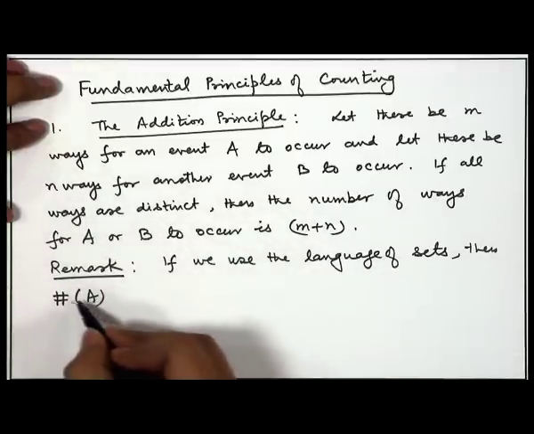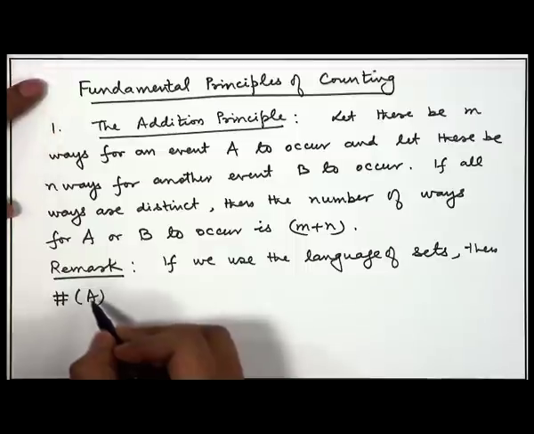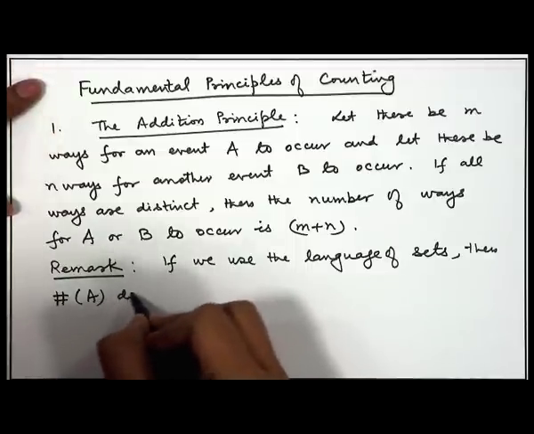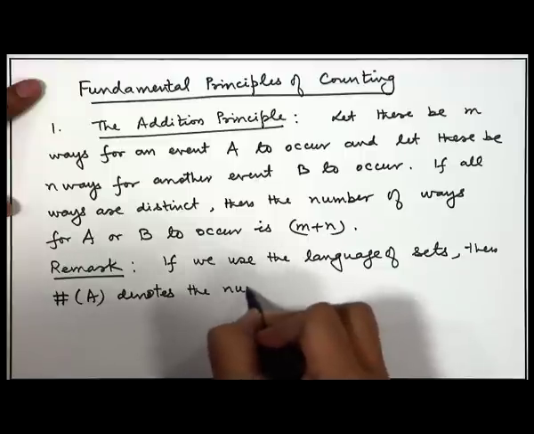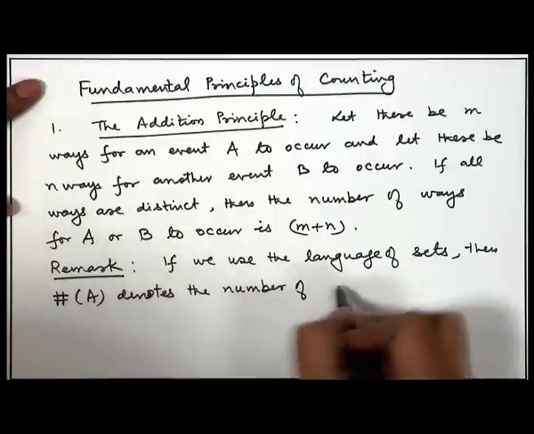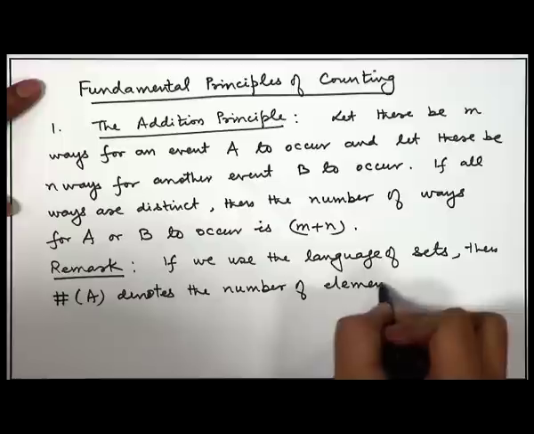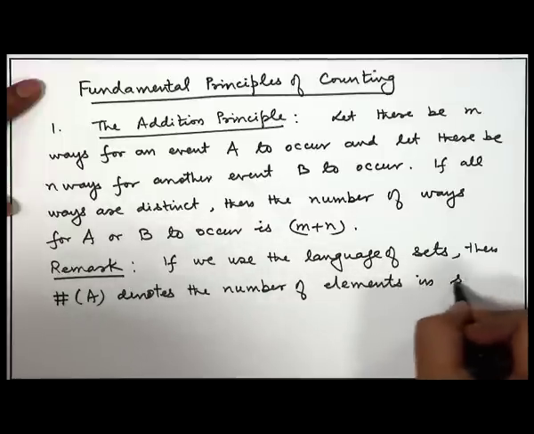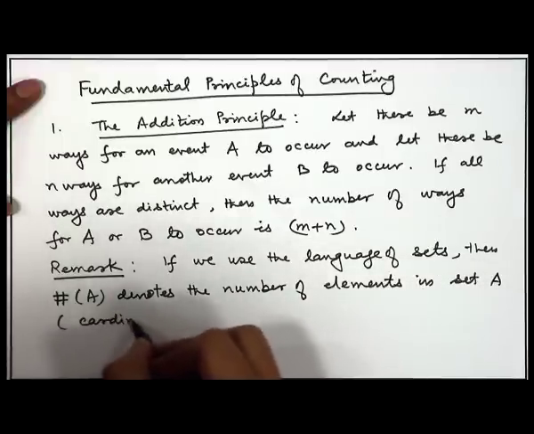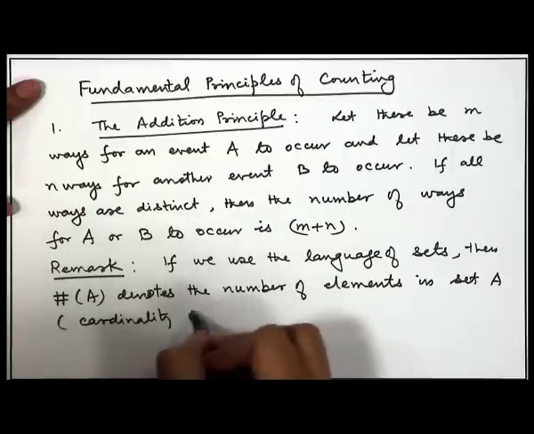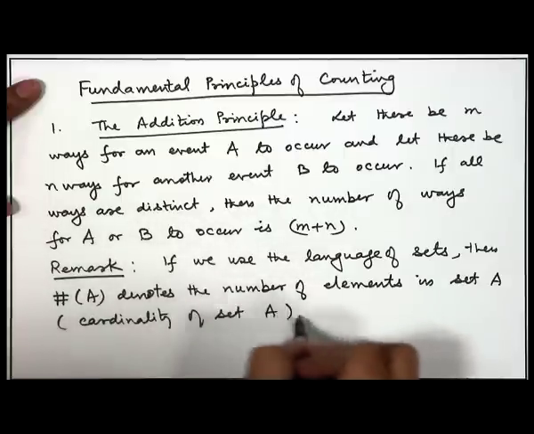This is called cardinality of A. It denotes the number of elements in set A, that is also called cardinality of set A.